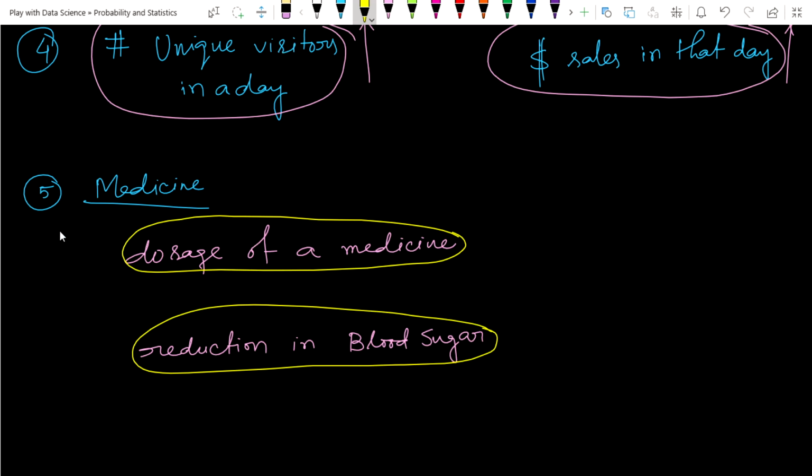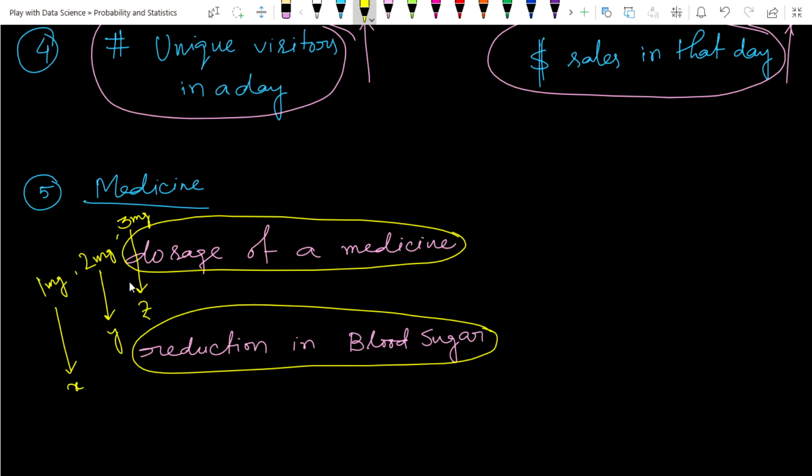Suppose they have some data. If we give 1 mg of dosage, then the reduction of blood sugar is x. If we give 2 mg of doses, the reduction is y. If we give 3 mg of doses, the reduction of blood sugar is z.